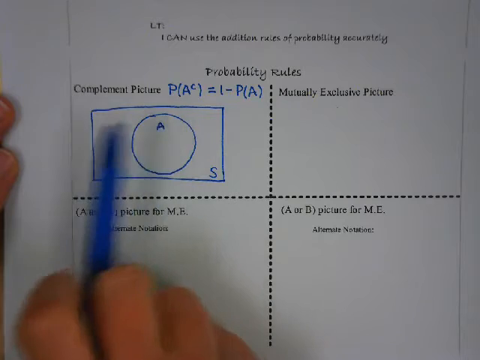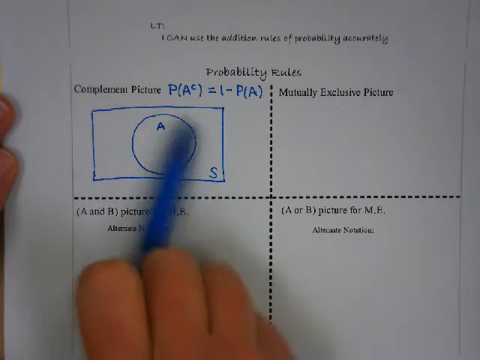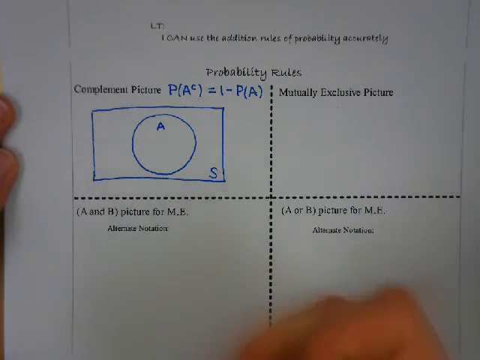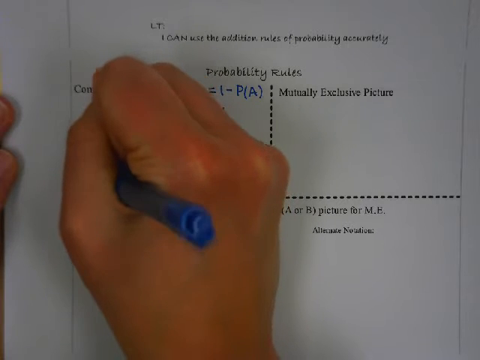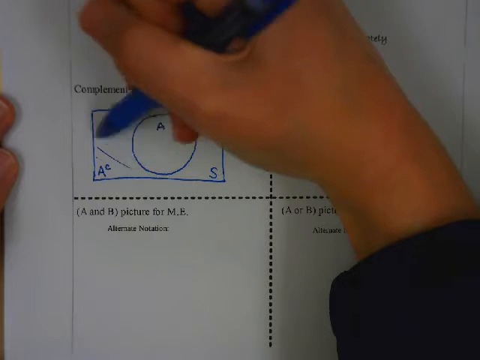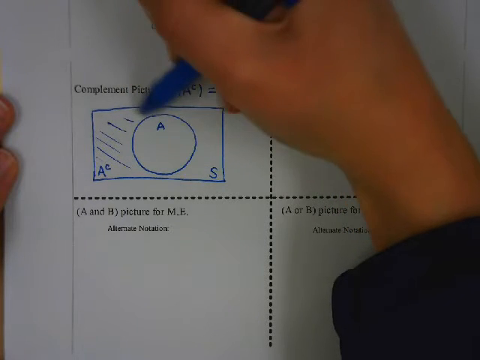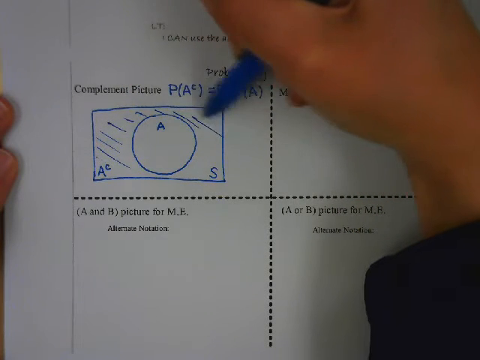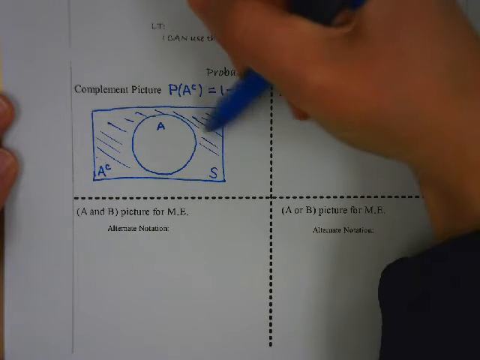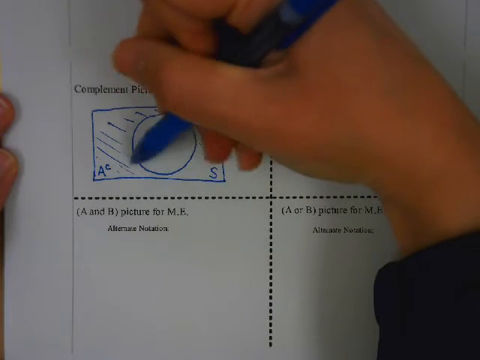And that means outside it is the probability that A does not happen, or A complement. So A complement would be everything outside the circle, because in the circle means A is happening.